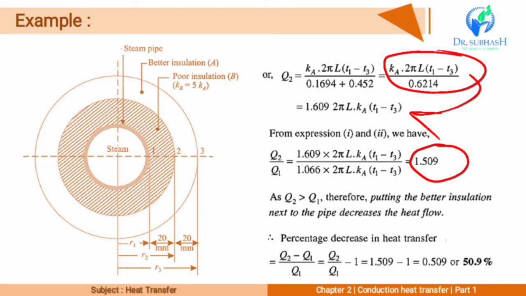Now find out the percentage decrease in heat transfer, that is equal to (Q2 minus Q1) divided by Q1, which is Q2 by Q1 minus 1. So the ratio Q2 by Q1 is 1.509 minus 1, that is 0.509. Converted into percentage, 50.9 percent. So there is a 50 percent decrease in heat transfer rate if we put the better insulation next to the pipe.